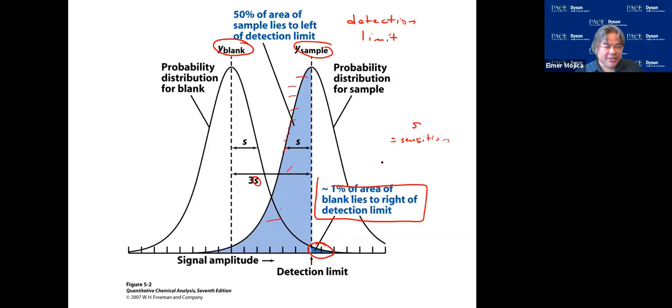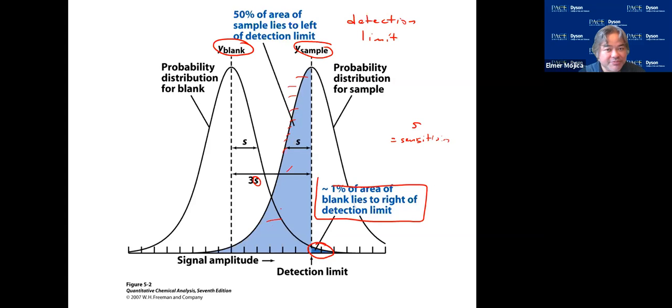So the way that they determine the detection limit is you're going to have different measurements, and you try to see how you can distinguish the signal coming from the blank and the signal coming from the sample.